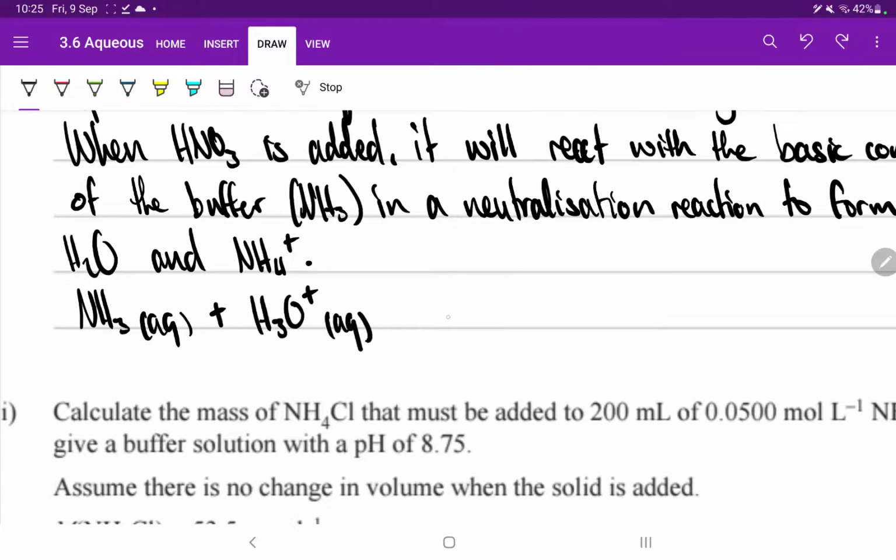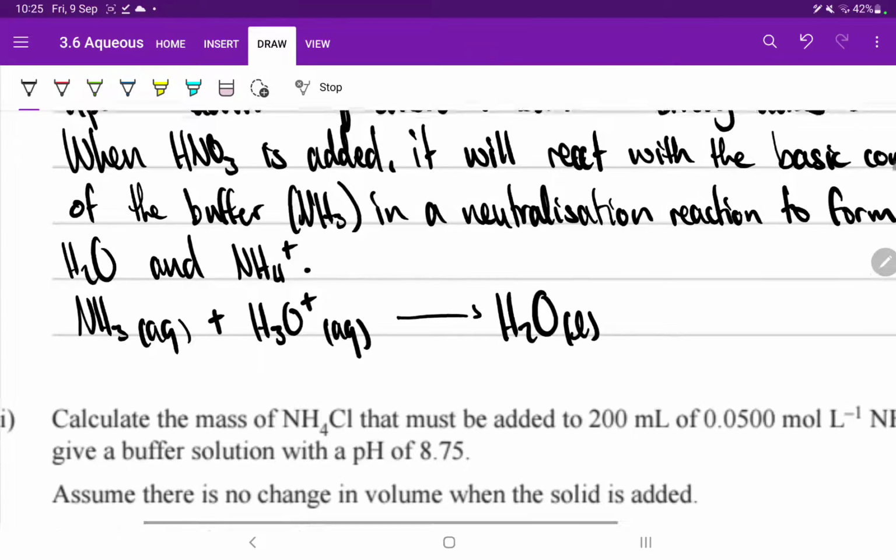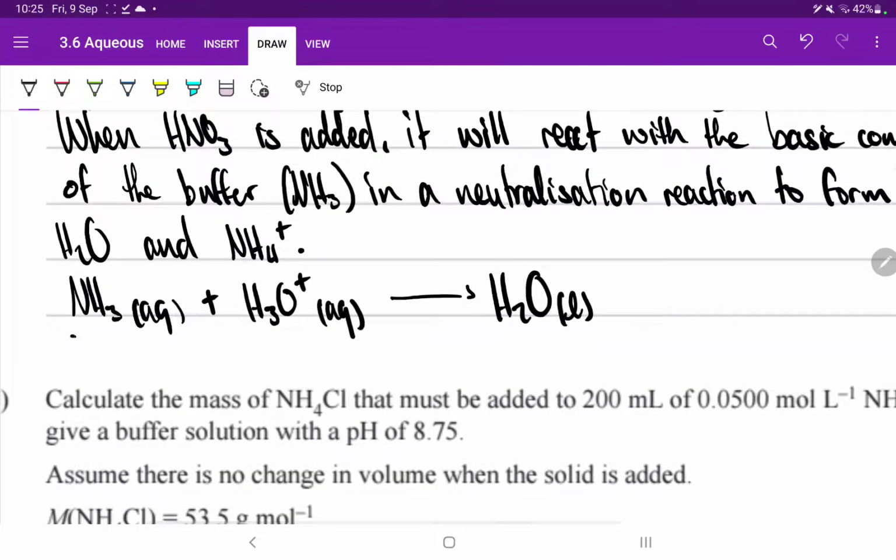This will react and give us water, and the ammonia acts as a base, a proton acceptor, so you get NH4 plus.